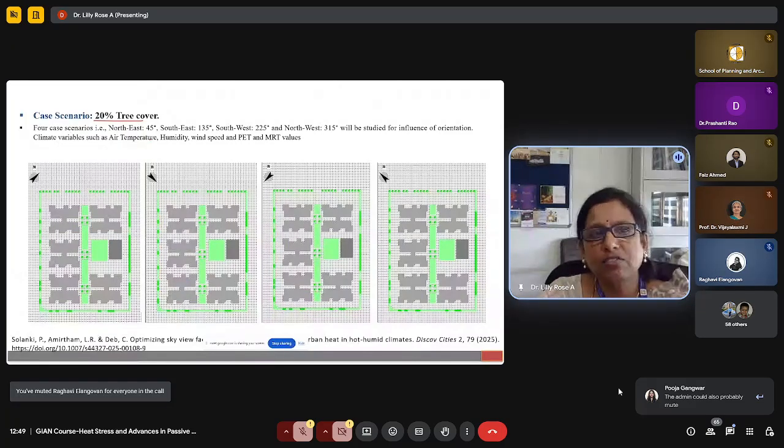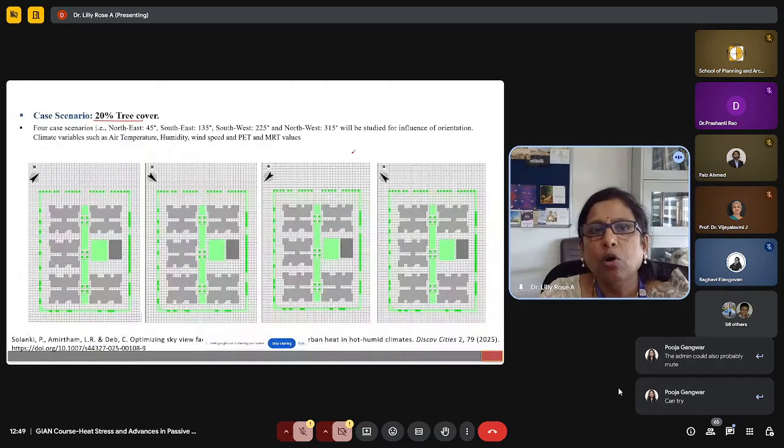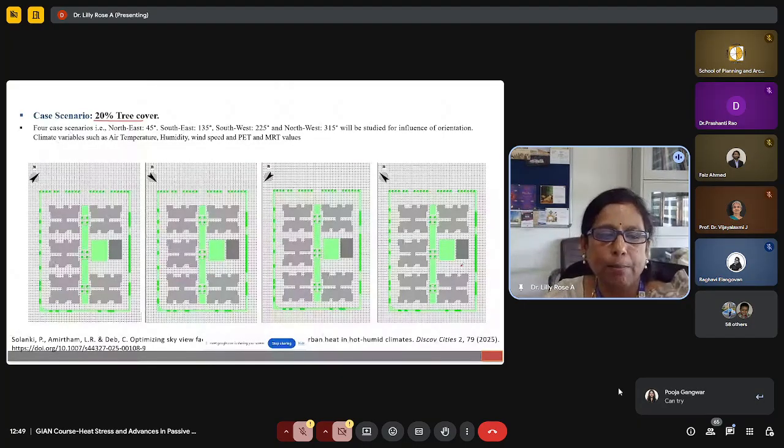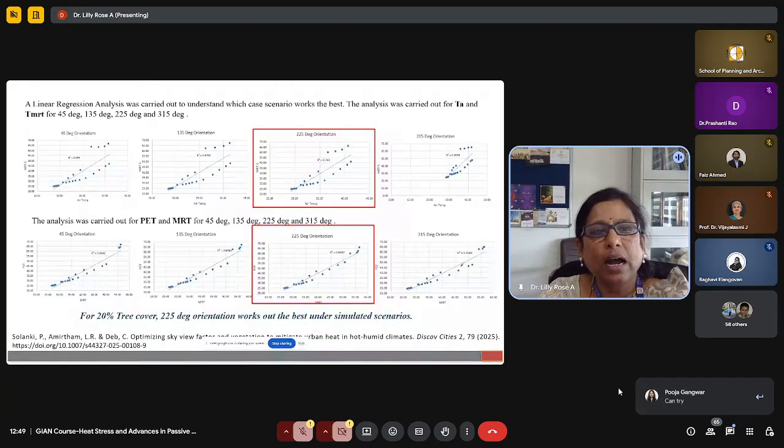We analyzed 20% tree cover with different orientations, rotating it to identify which orientation works best. Then we analyzed the same for various parameters like air temperature, mean radiant temperature and PET.